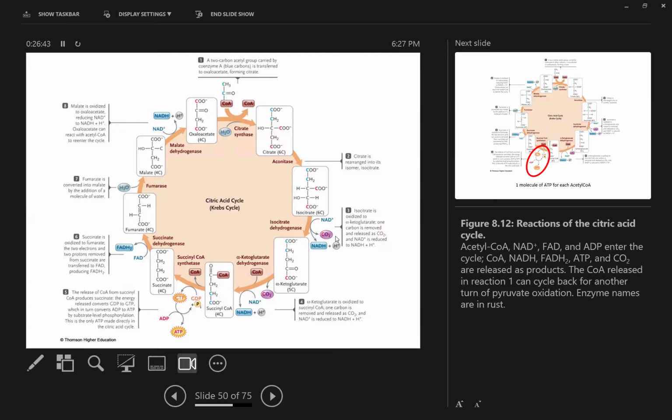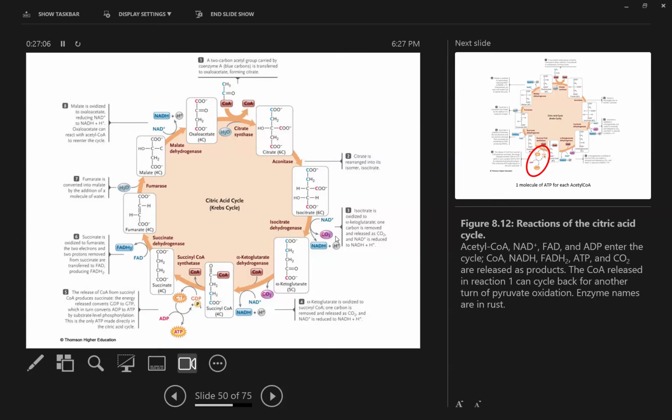So we've got 3 NADHs and 1 FADH2. So 5 total hydrogens are removed from our original acetyl-CoA.